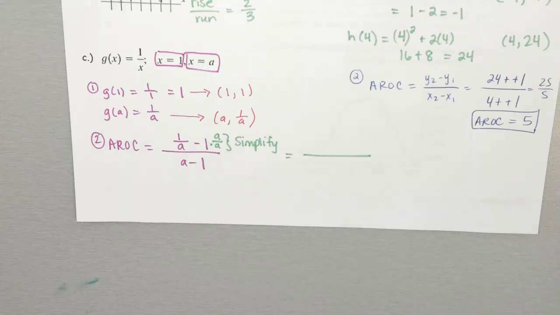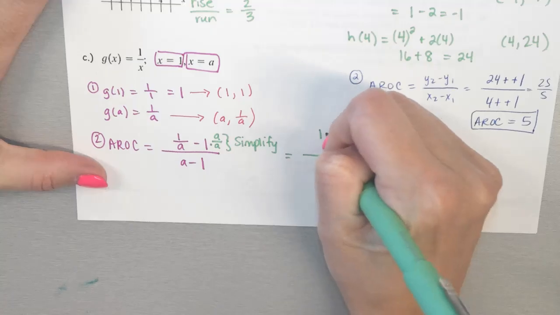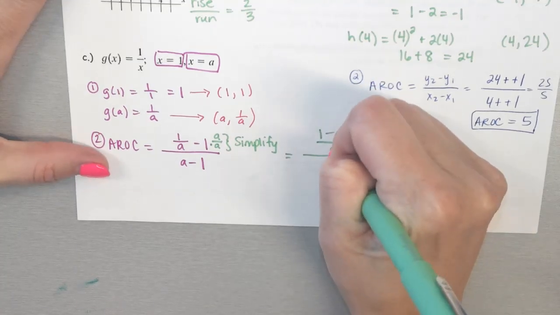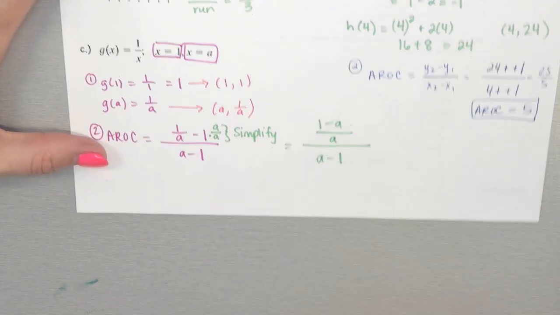Okay, so then in the numerator, you have 1 minus A divided by A. So 1 minus A divided by A over A minus 1.